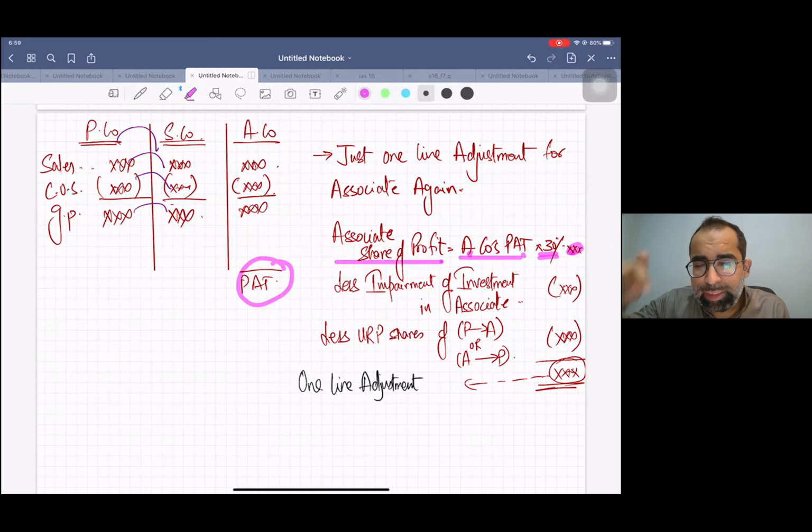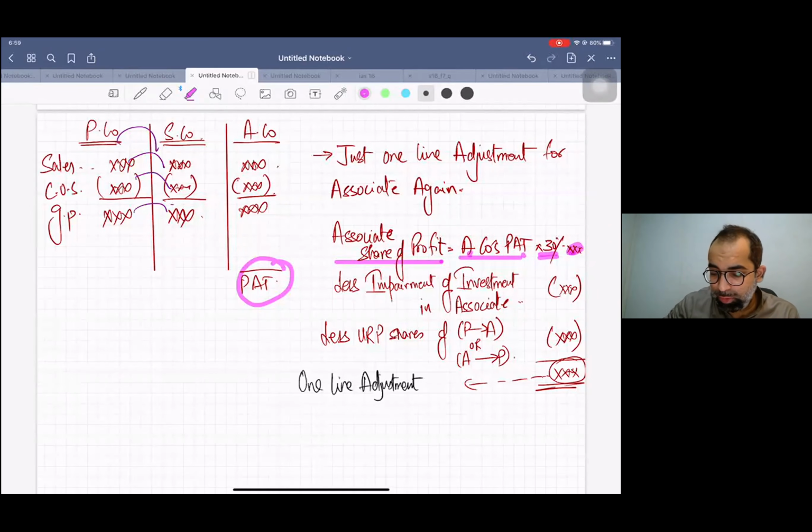You have acquired associate in the mid of the year, and you have to adjust associate share in income statement. As you know, income statement is always for the year. So don't forget to apportion the profits of associate company for associate share of profit calculation. In that case, you need to apportion the profits.